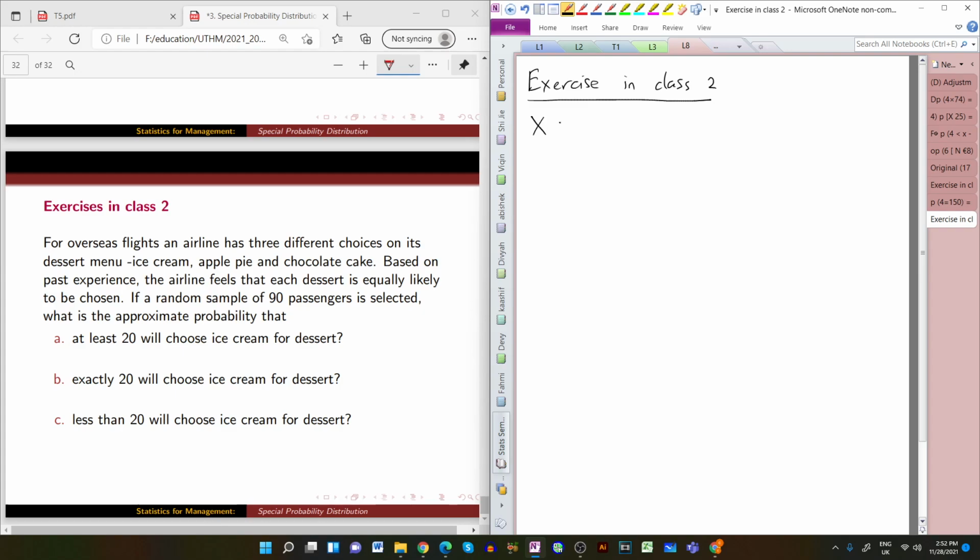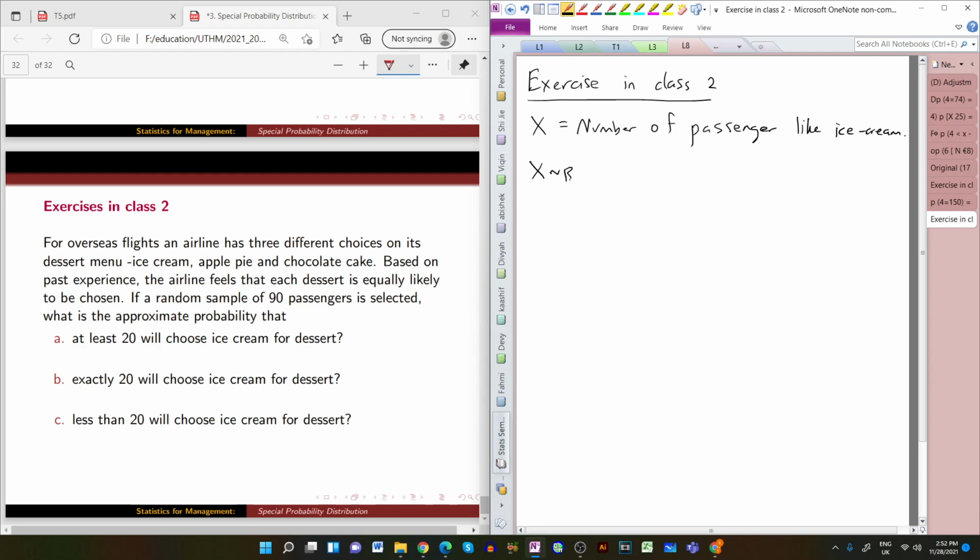So let's say X is the number of passengers who like ice cream.